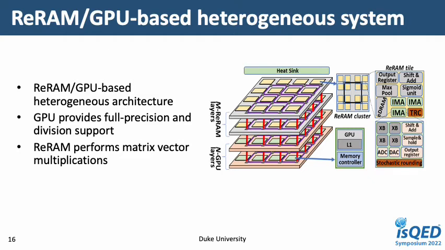So essentially this system can now train any kind of neural net. Here the ReRAM's purpose is to do the matrix vector multiplication, which tends to be mostly in the convolution and fully connected layers, and the GPUs will be used for doing the normalization, which can provide the division and full precision support.